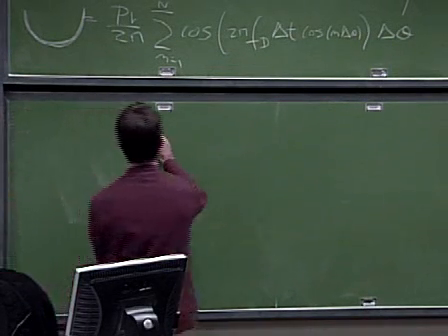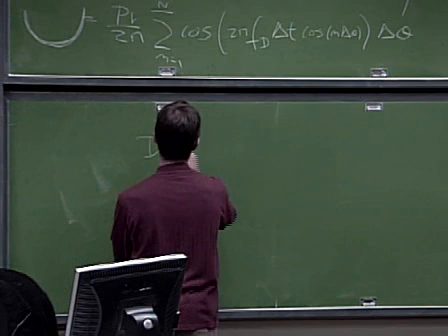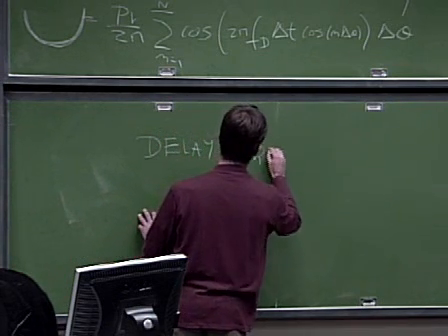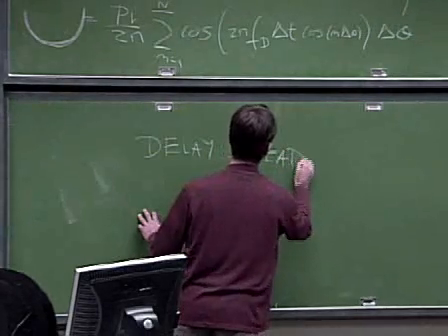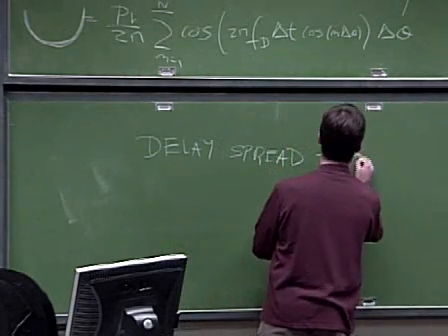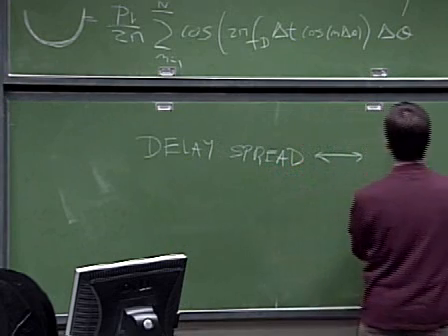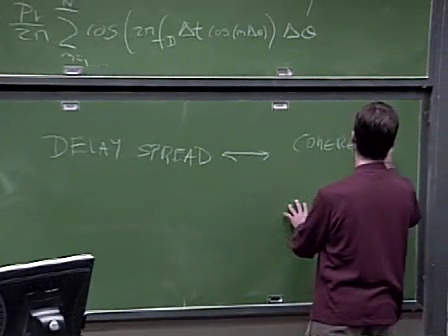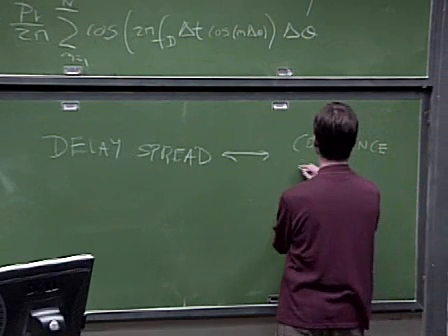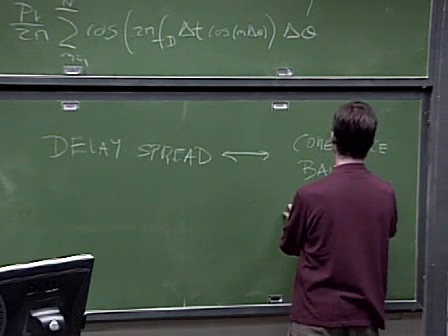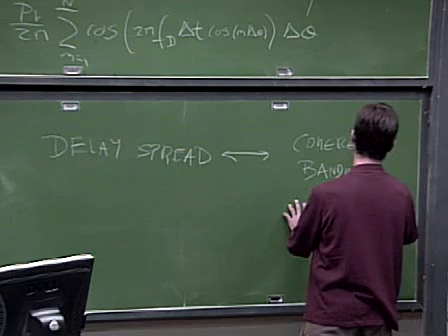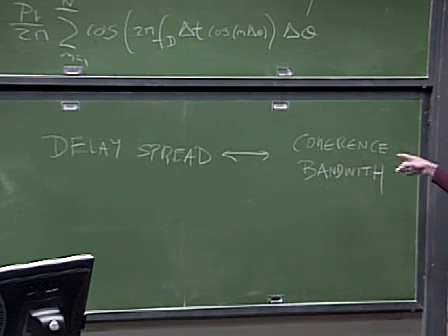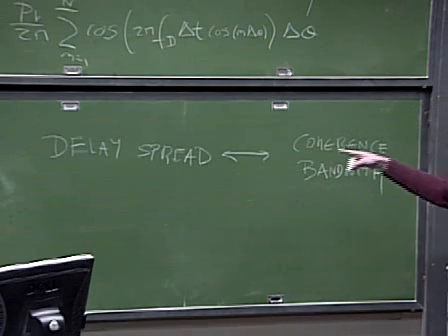We found delay spread, the spread in the time domain, which relates to coherence bandwidth in the frequency domain, and these are essentially reciprocals.